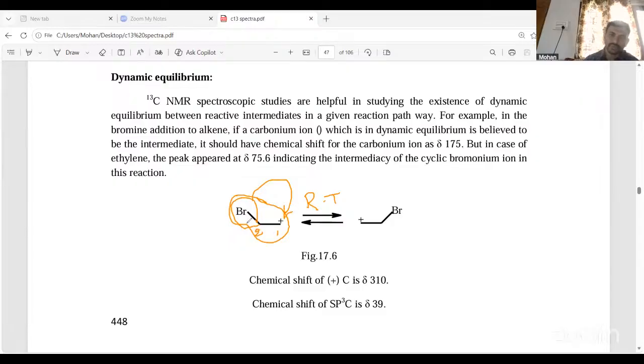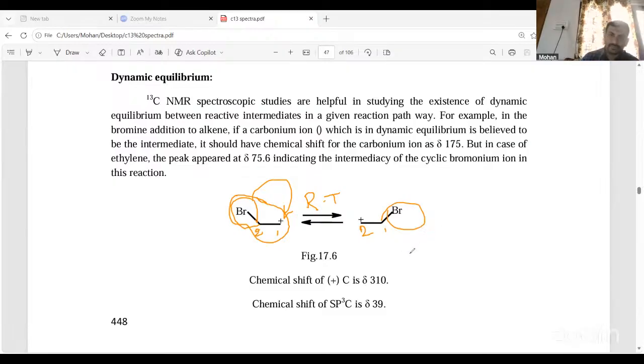Previously, it was on the C2 carbon. So after the equilibrium, this is C1 here, and this is C2, and it is going to attach on the C1 carbon.